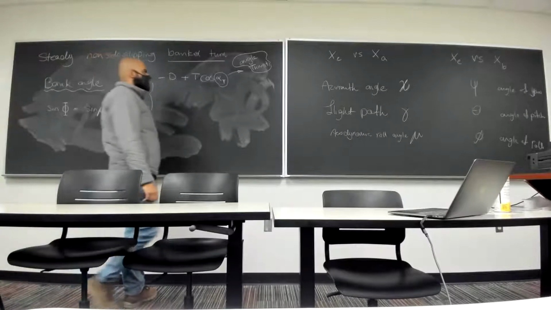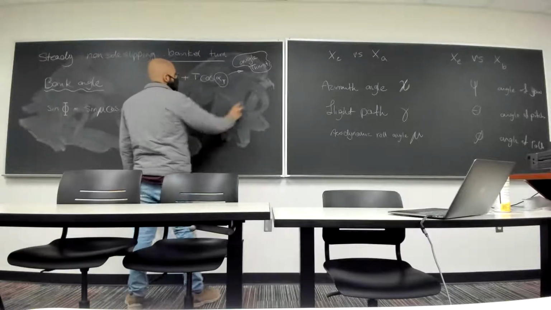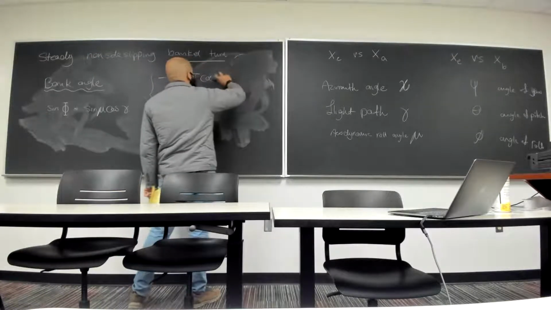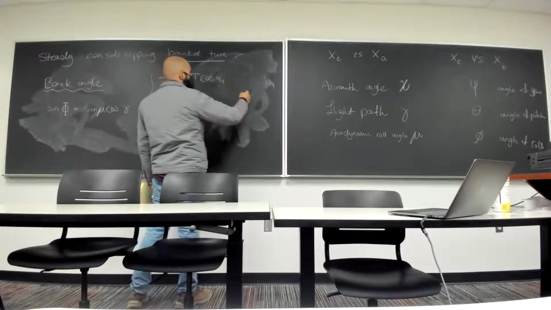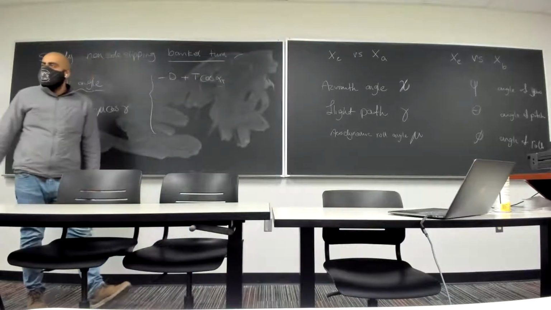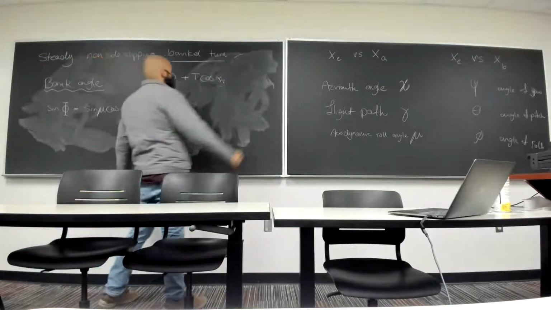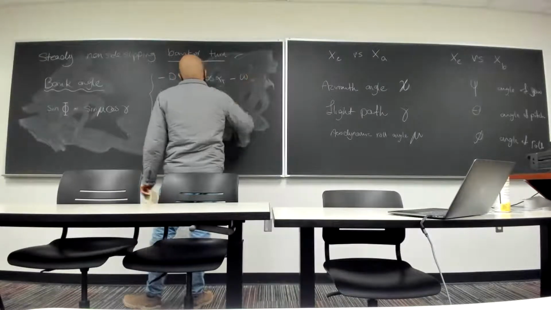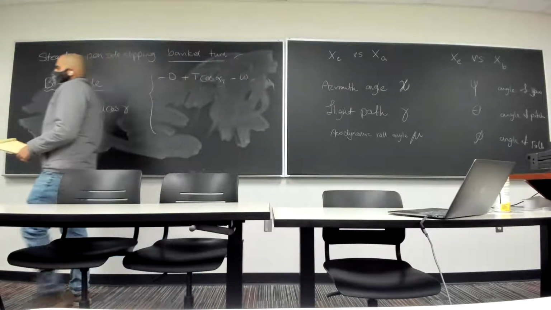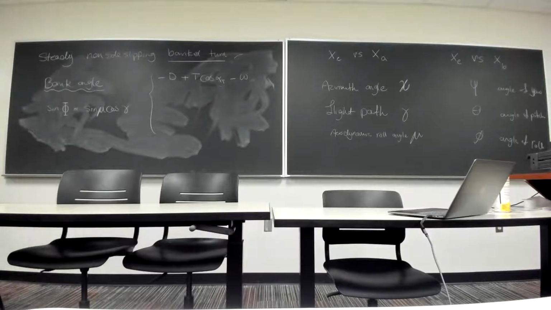What else do we have here? We have a component of weight. Exactly. What is it? Is it a component of weight or is it the full weight? Is it negative or positive?